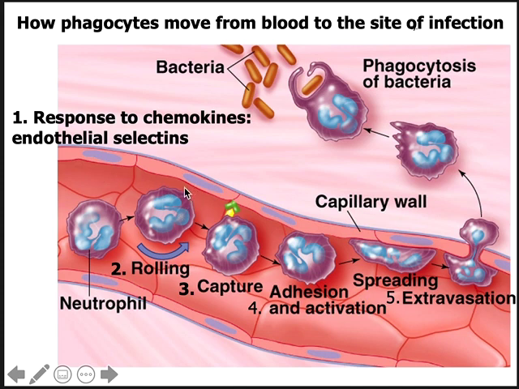and then you're going to have these weak bonds that form between the neutrophil and the wall of the capillary. It's not shown here, but there are weak bonds made, and because of all that pressure, all that blood flow, these weak bonds are not strong enough to hold the neutrophil in place, so you get what we just call rolling.